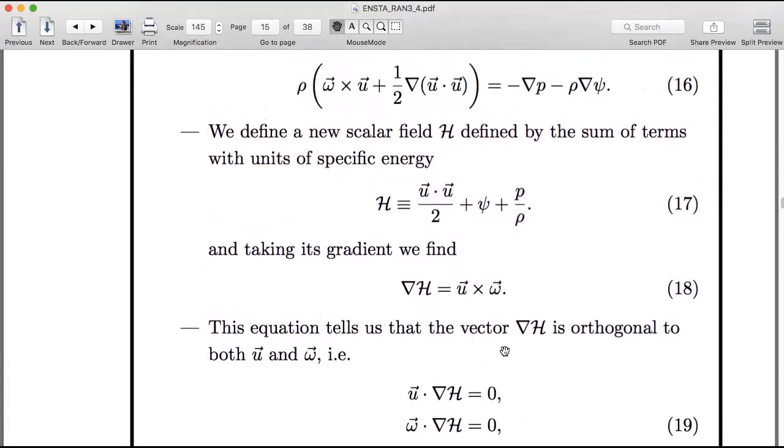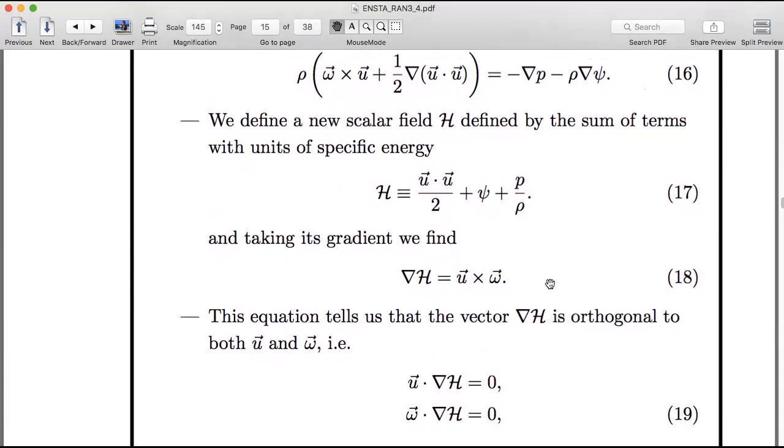I admit that's not immediately obvious, but if you work through the vector calculus here, that's what it comes down to. If you're willing to take me at my word on that, or try to work it out on your own later, then that's useful because we can interpret this.